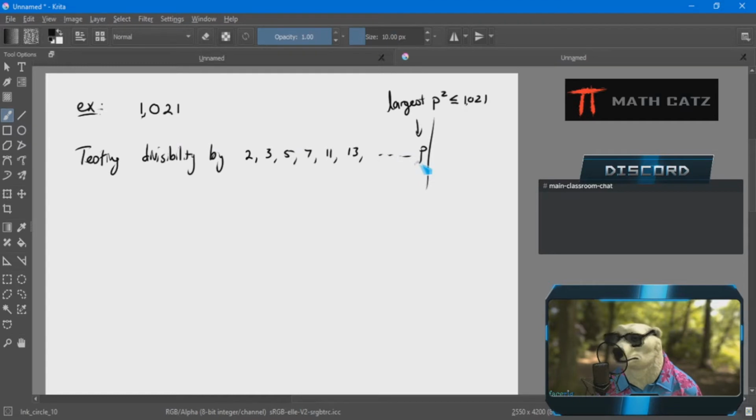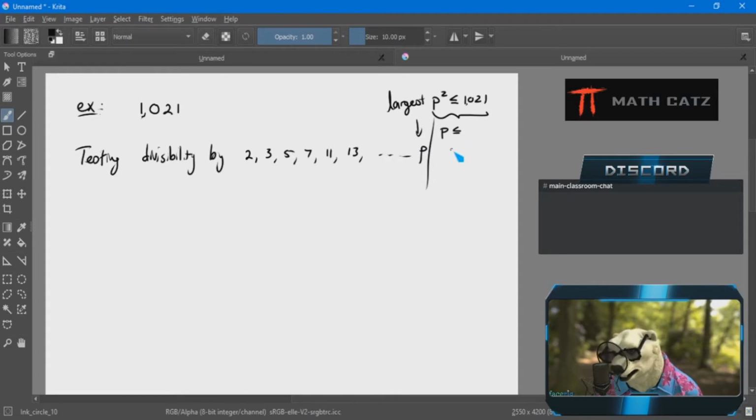So now maybe some trial and error requires that I check how far I need to go in this list. Sure. Now you could also rephrase this. Some people like this, not everyone does, to take the square root of this number, and then your stopping prime number p has to be less than or equal to that.